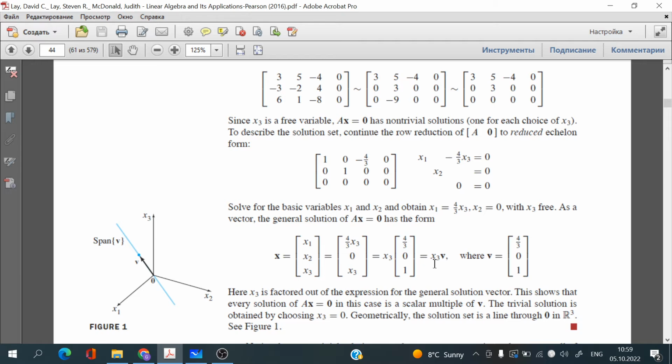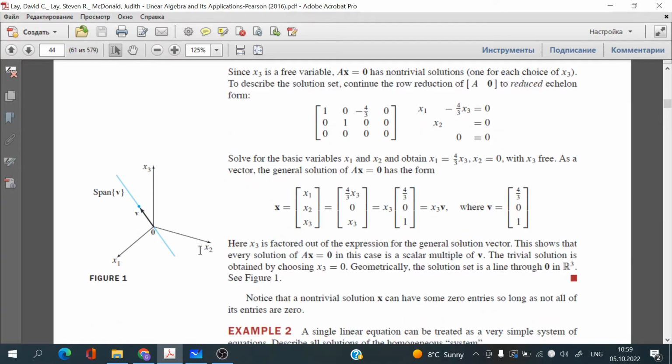You can write it in the form x3 times v, where v equals this vector. So x3 is factored out of the expression for the general solution vector. This shows that every solution of Ax = 0, in this case, is a scalar multiple of v.